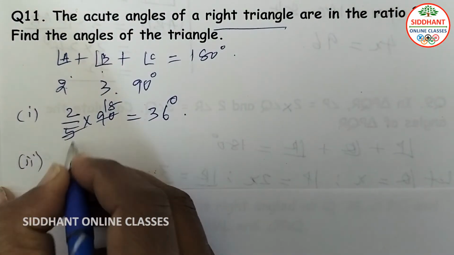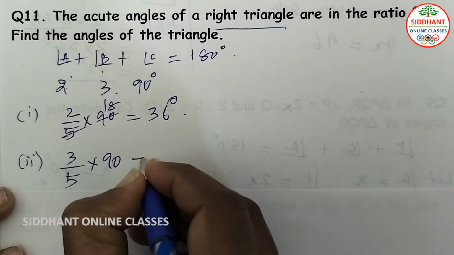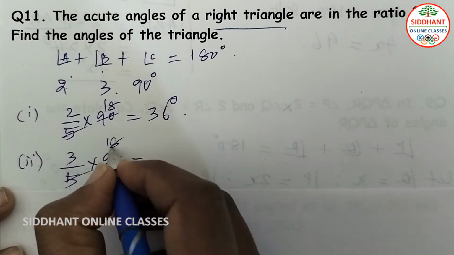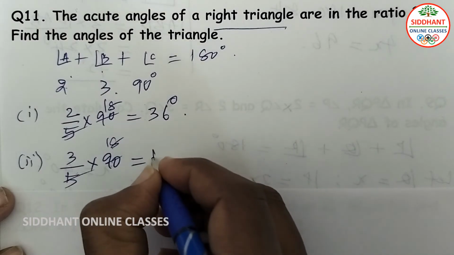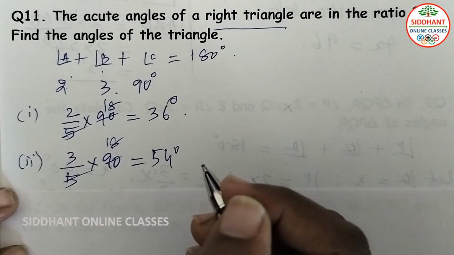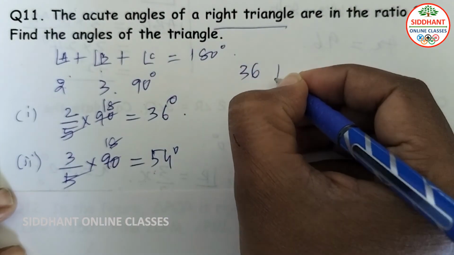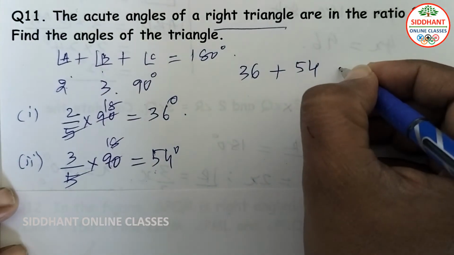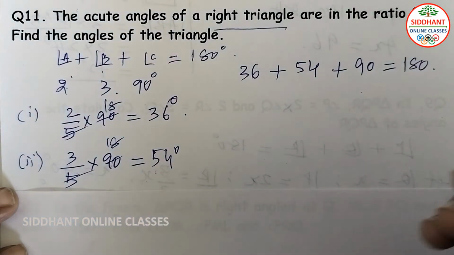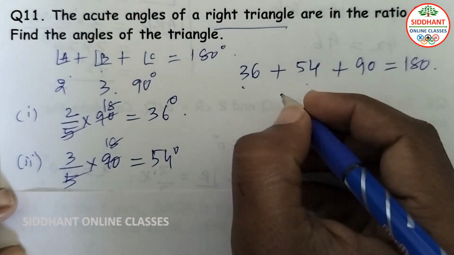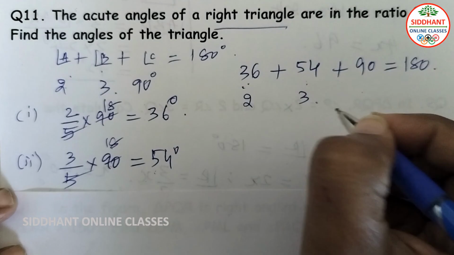The second part, that is 3 parts by total 5 into 90, equals 18 into 3, that will be 54 degrees. So one angle is 36, the other is 54, and the third angle is 90. If you sum all these, you get 180 degrees. And 36 and 54 are in the ratio 2:3 here.